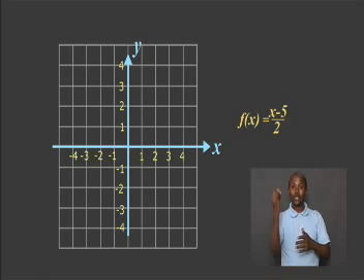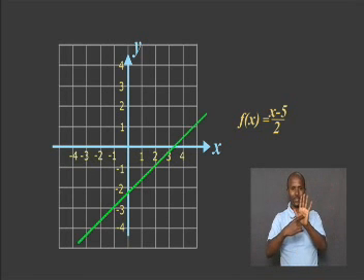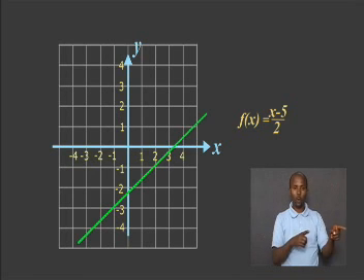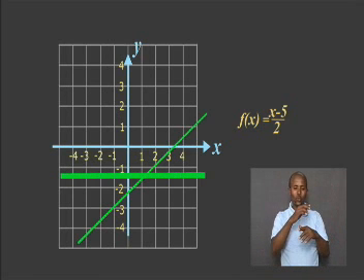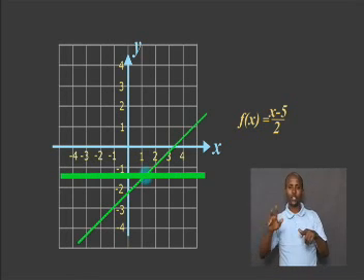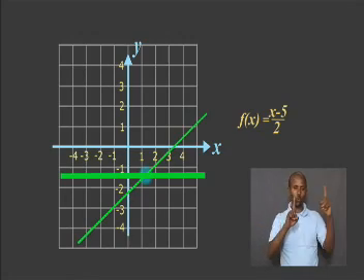The graph for function C looks like this. It also passes the horizontal line test, so it too is a one-to-one function. I am confident that you had no trouble applying the horizontal line test.